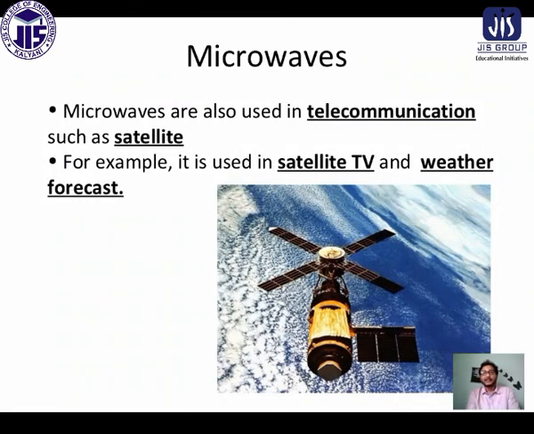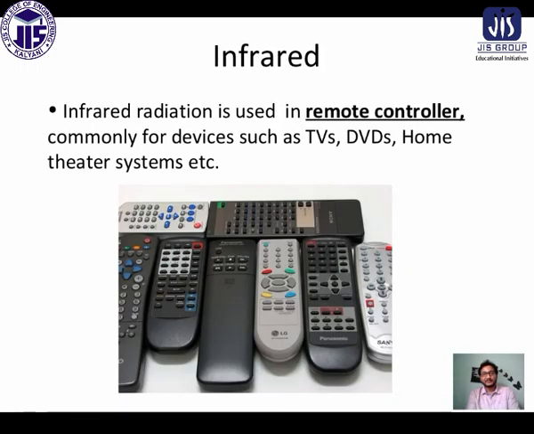Similarly, for satellite communication, there we also use these electromagnetic waves. And infrared, obviously, is used to control things remotely. For TVs, ACs, whatever we can control remotely, we use these types of remotes for TV, DTH, home theater, AC, anything. There we use infrared.